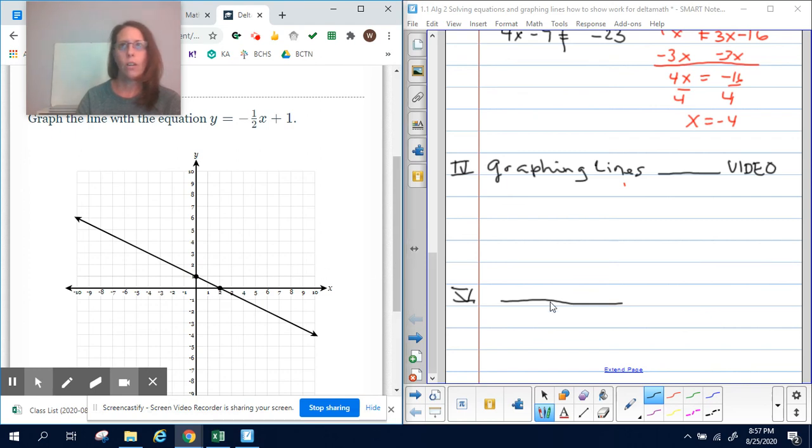So what do I want on your paper? Go ahead and put something like not applicable, NA for not applicable, or no work to show.